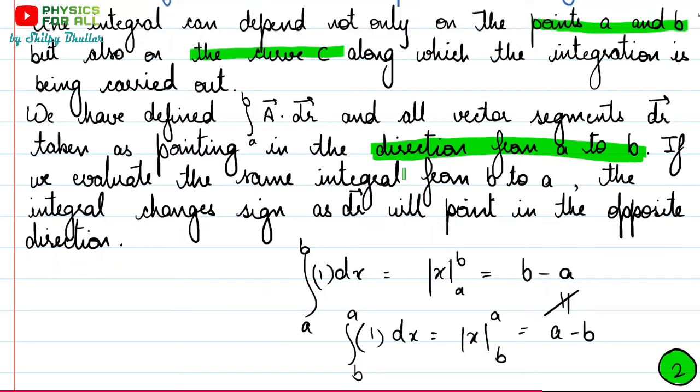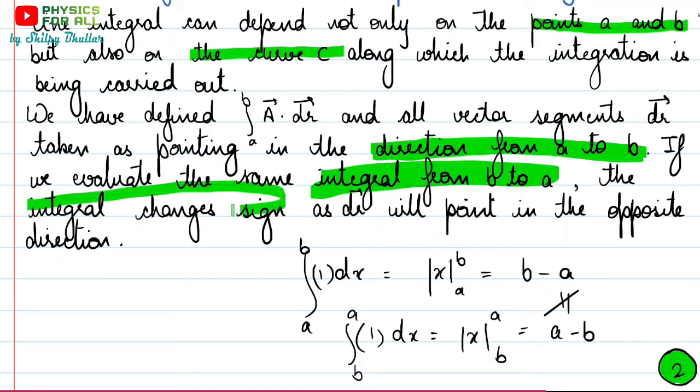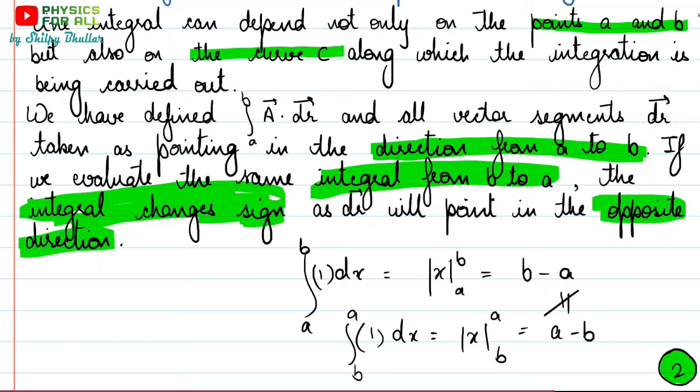If we integrate from b to a, the integral changes sign, as now dr will point in the opposite direction, and direction really matters. If we are solving any vector quantity and its direction is changing, it means the vector is changing, and that would affect our answer as well.